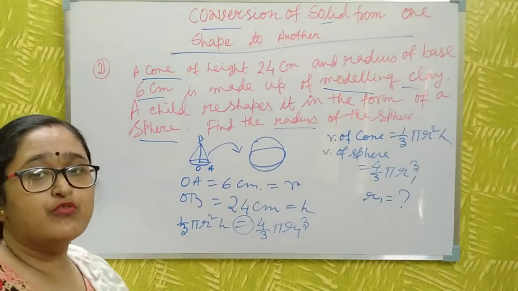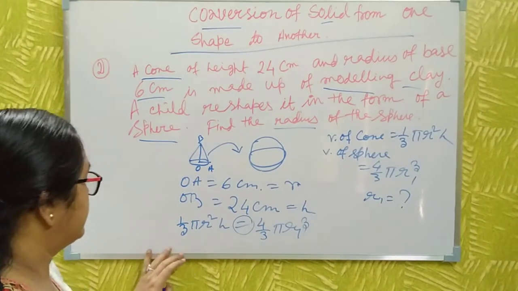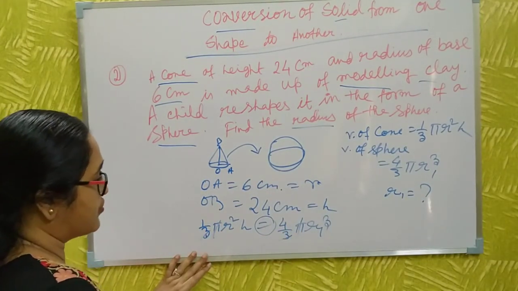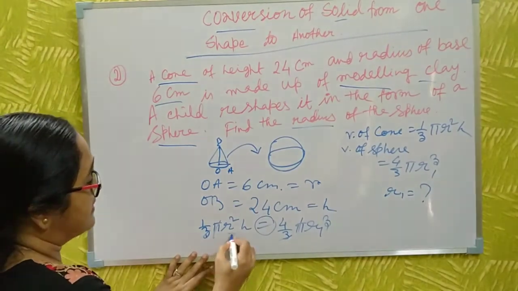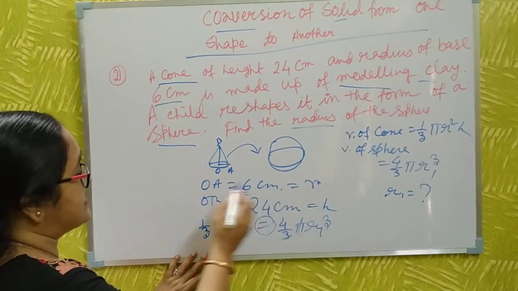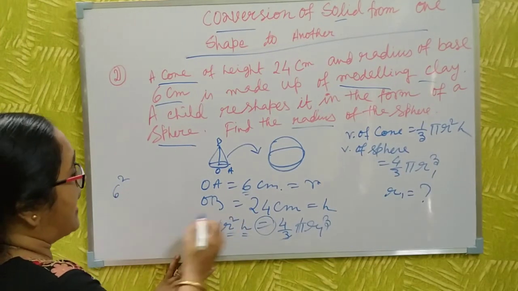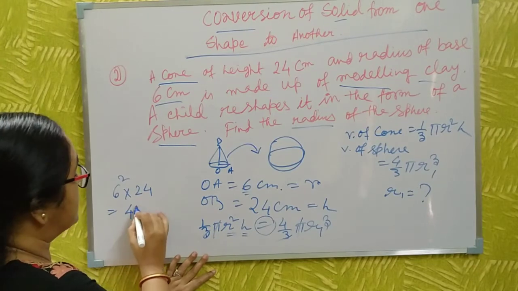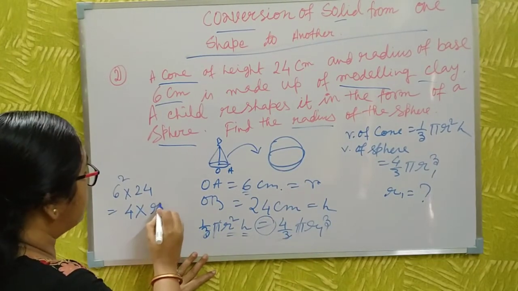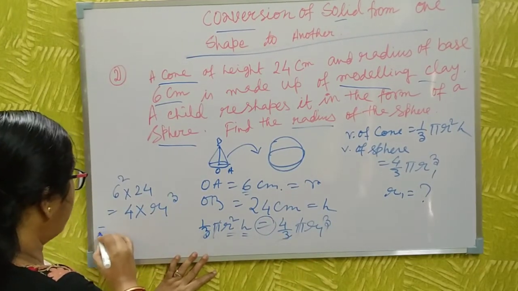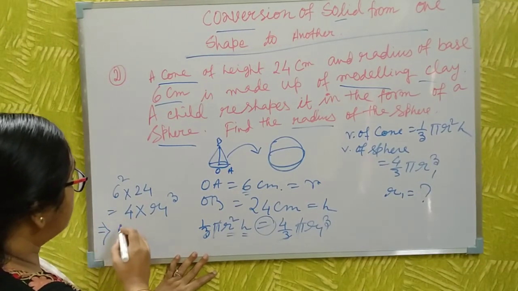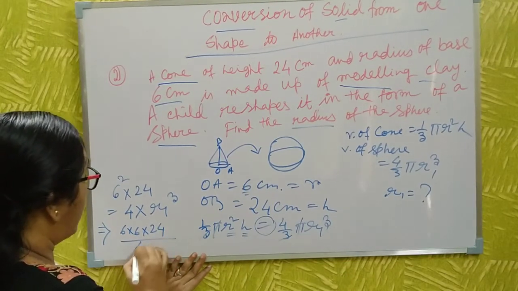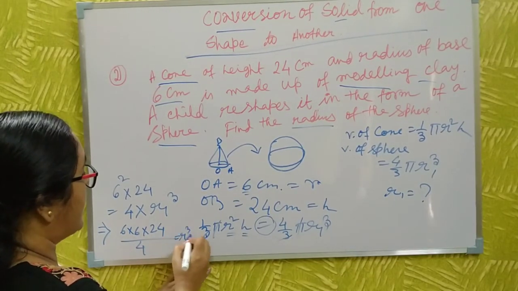Now I just put the values here and you get the result. Now pi is cancelled. 3 is cancelled also. Now R is 6, this is 6 square, and h is 24, and 4 is here, and R1 cube also. Now you just 6 into 6 into 24 by 4 is R1 cube.